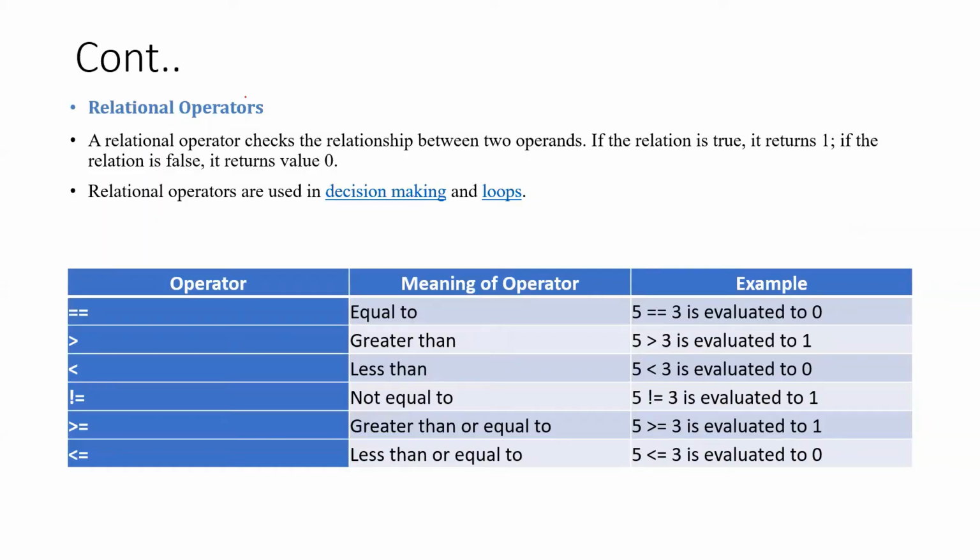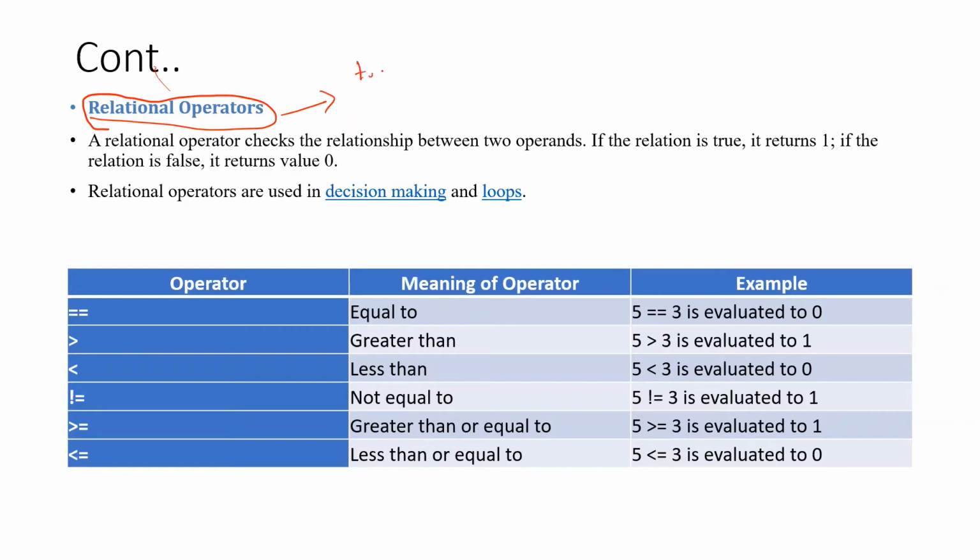So when it comes to relational operators, here we are using the relational operators to find the relationship between two variables or two operands. Between two operands, if you want to find the relationship, then we go with a relational operator. And these relational operators will return truth values.